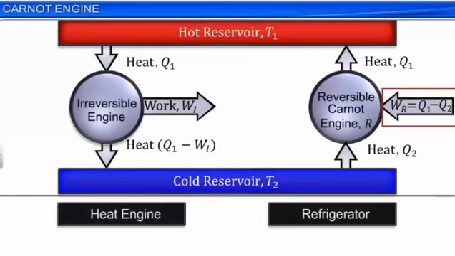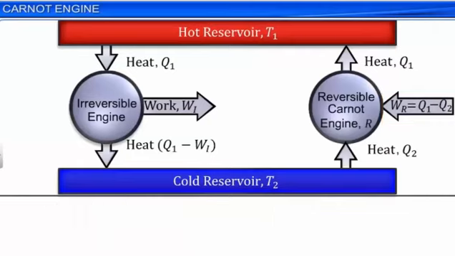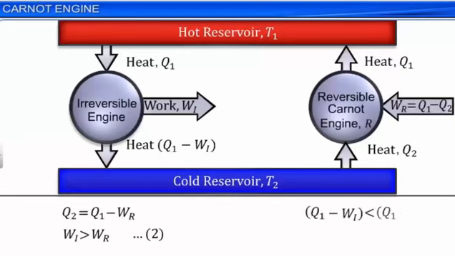But as per expression 2, we know that Wi is greater than Wr. Then we can conclude that Q1 minus Wi is less than Q1 minus Wr. But Q1 minus Wi is the heat returned to the cold reservoir by the engine I, and Q1 minus Wr is the heat received by the refrigerator.